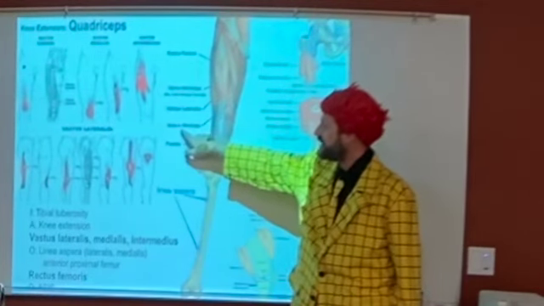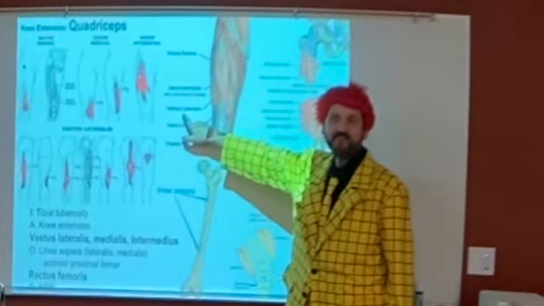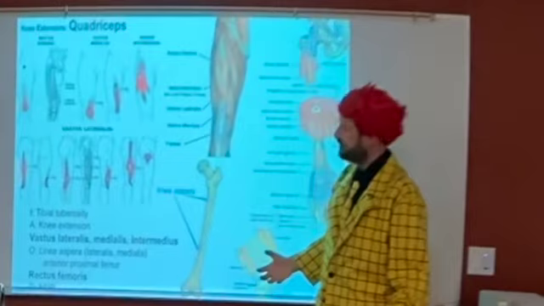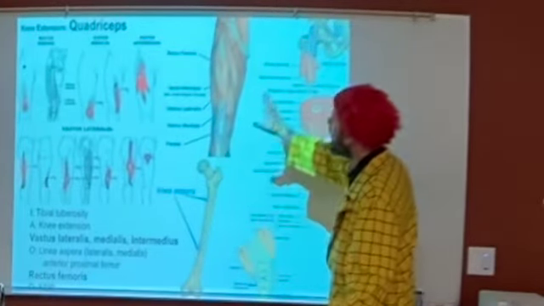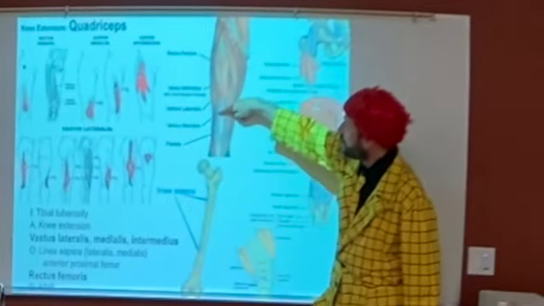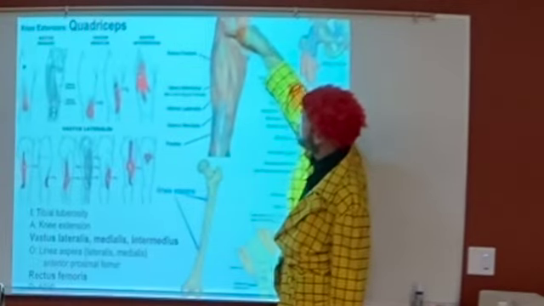One is called the vastus medialis, the other one's called the vastus lateralis. The word vastus means big, gigantic, massive. And then underneath, in the front, we have this rectus femoris, you can see that right here. And you can see sort of how it goes all the way up to here almost.